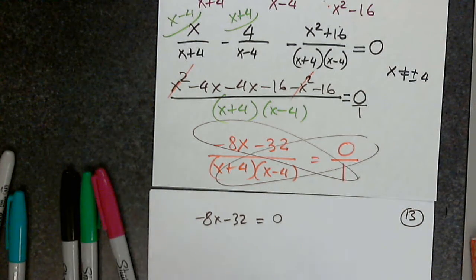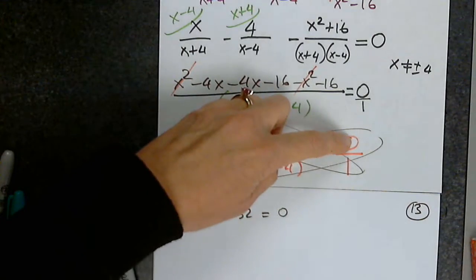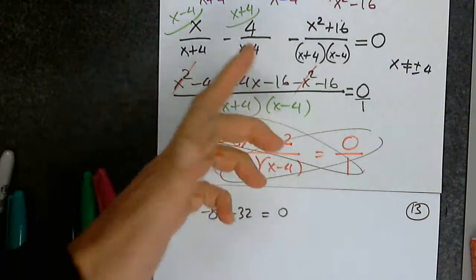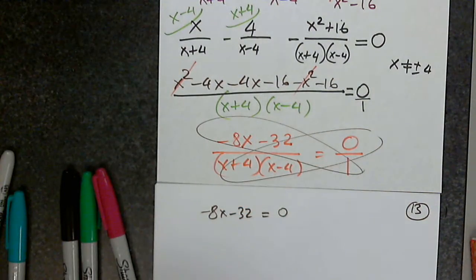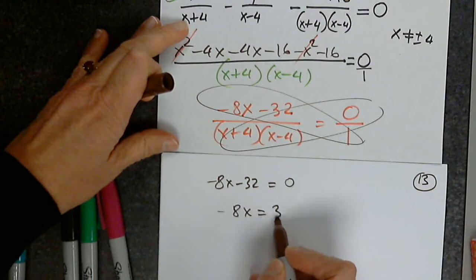What did you say, Nicole? That, for some reason, I thought it was going to be set up as a fraction at the end, but if it was over 0, it would be undefined. Right, no, I cannot have 0 in the denominator. If I had here 5, I would have written 5 over 1, but I have 0, so I write 0 over 1. So I move 32, so I get negative 8x equals 32.